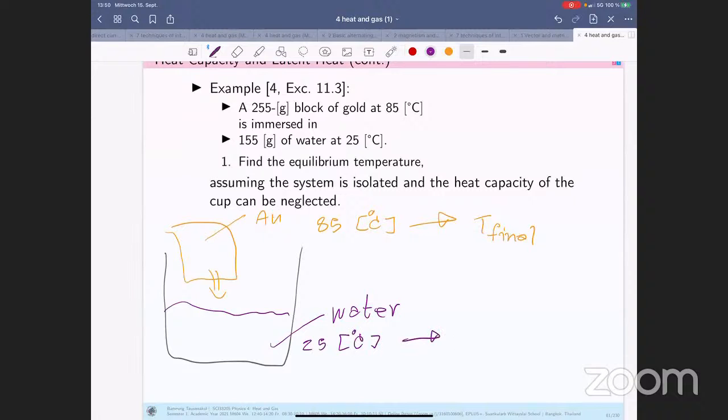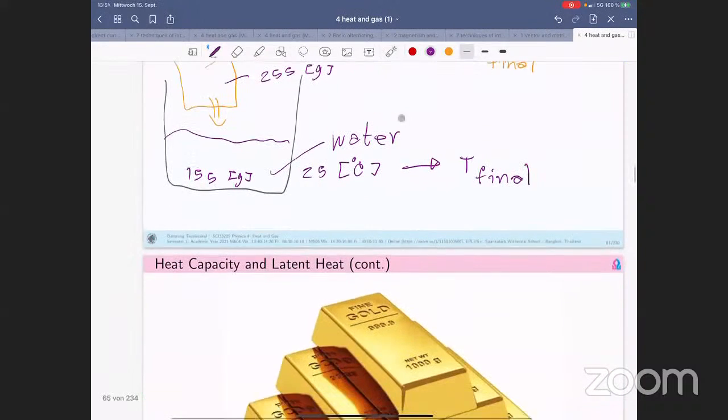It reaches T final too. When they stay together, they would have the same temperature, right? And the mass of this one is 155 gram, and this one is 255 gram, the mass of gold.